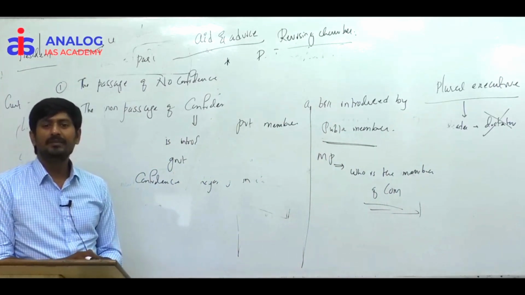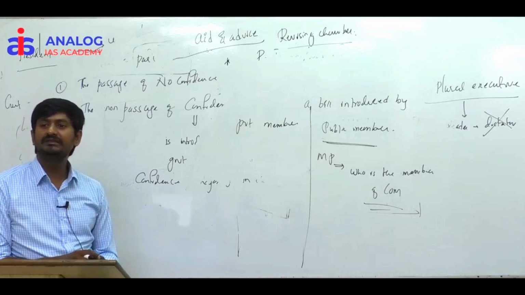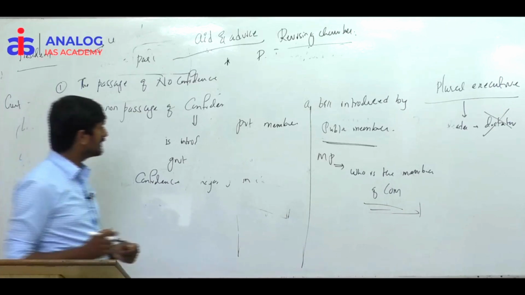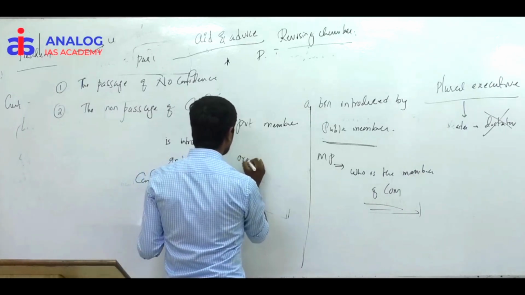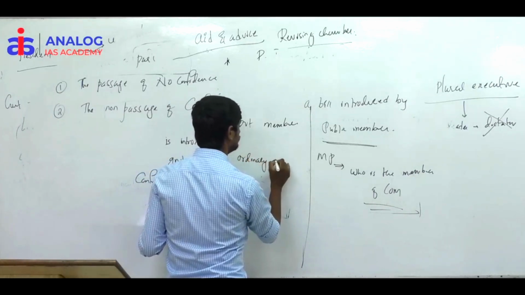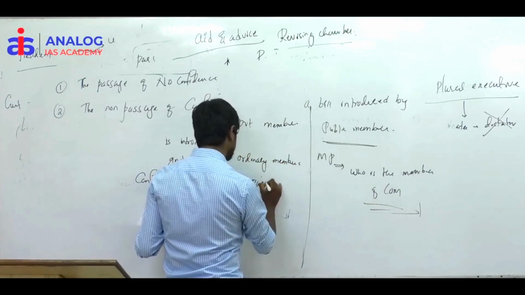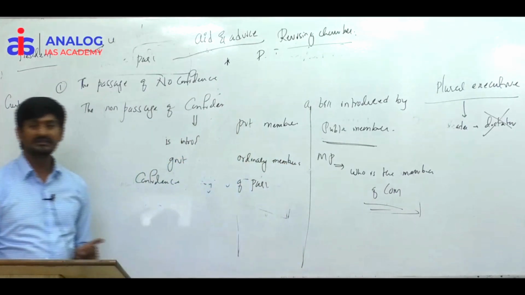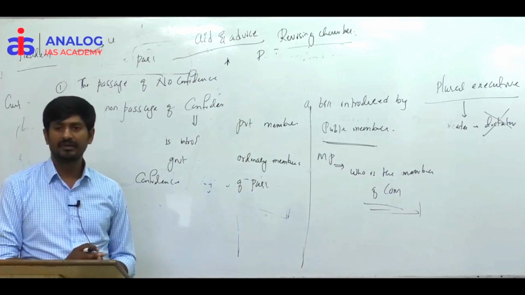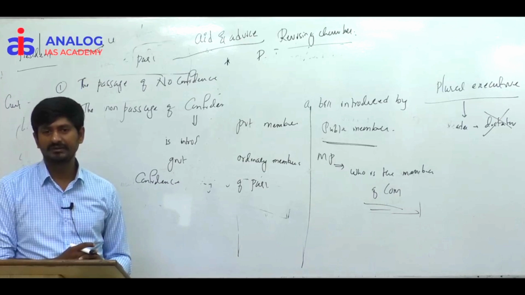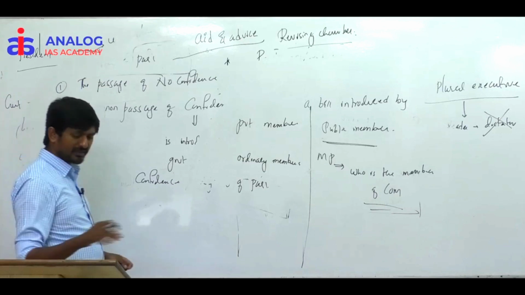In other words, a minister is a public member. Whereas ordinary members of parliament are called private members.